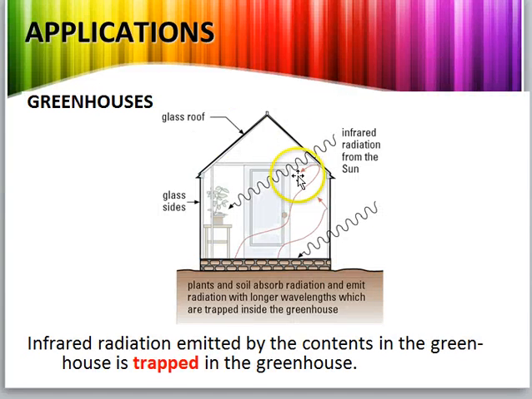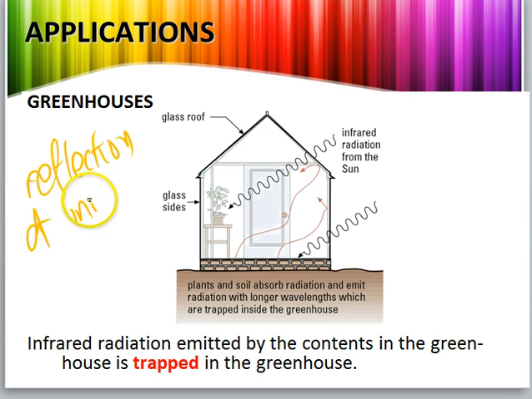Next one, we have our glasshouse. We make it out of glass because it is a good reflector. For the glasshouse, we are more focusing on the reflection of infrared waves, not so much about absorption and emission.